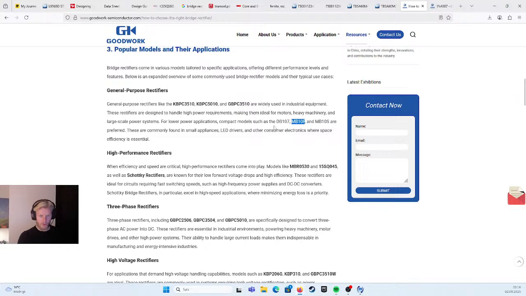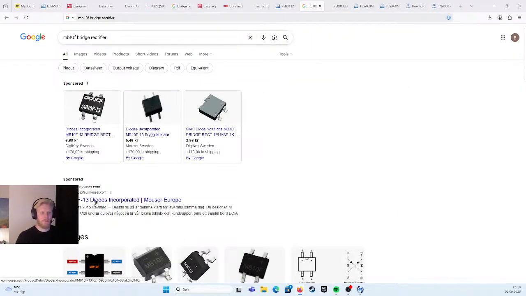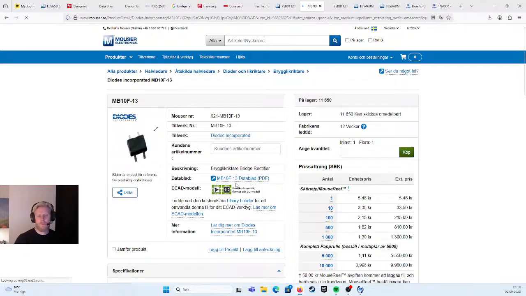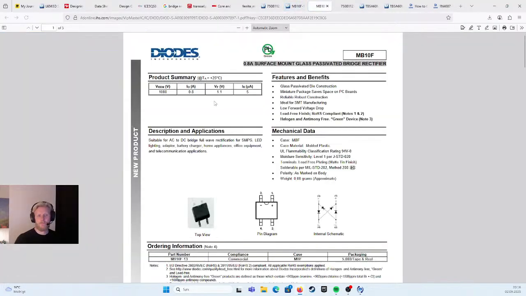This one, for example. Bridge rectifier. Low forward voltage drop. Manage your packet, save space on PC board, reliable, robust construction.